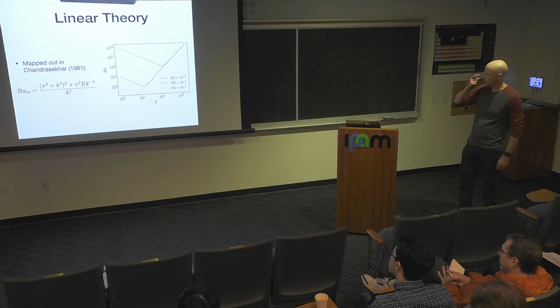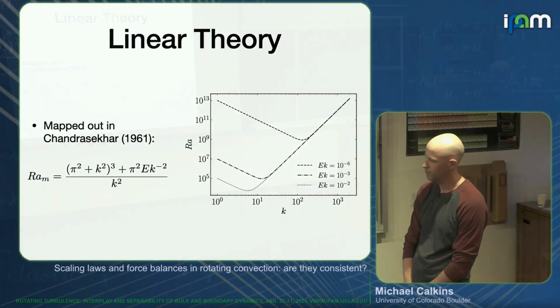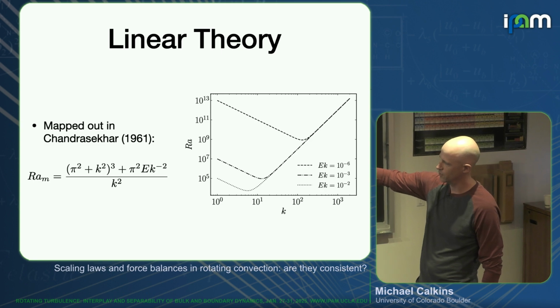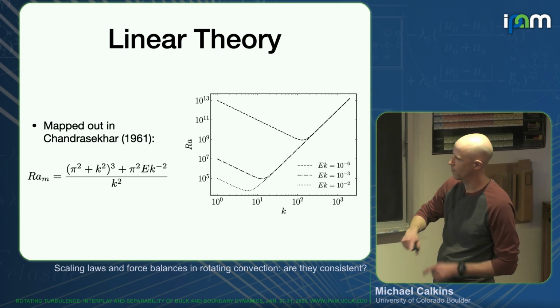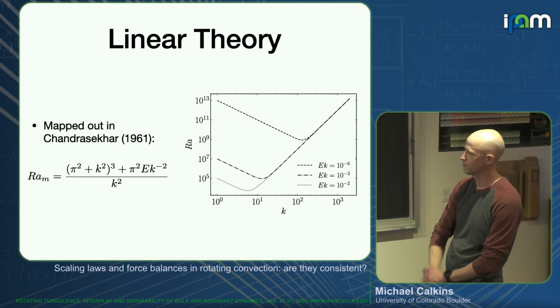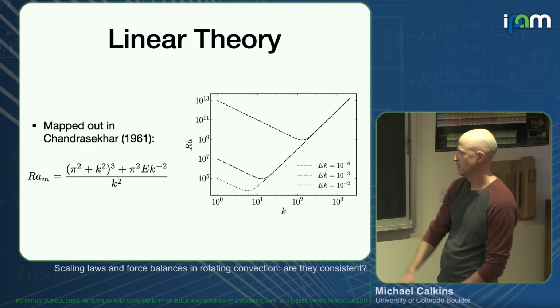If you look at the linearized form of the governing equations for rotating convection, and you're interested in the marginal state of convection, this is the Rayleigh number that satisfies that marginal state. Here's the horizontal wave number of the system. And this is just linear theory for planar convection.